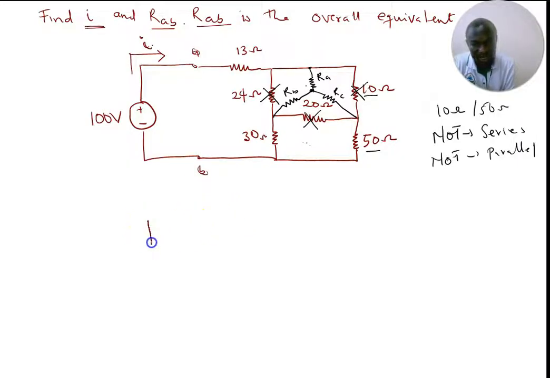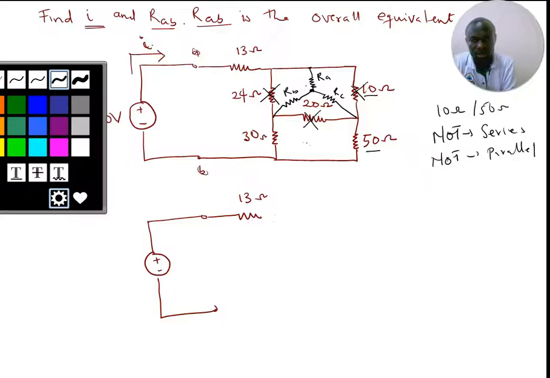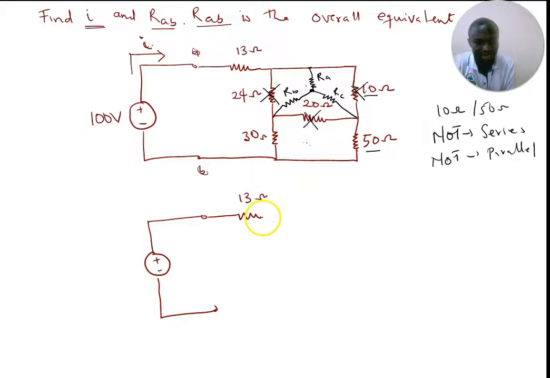I'm going to get plus here, minus, right? The voltage there, and I have my I here. You get it? And I have my resistor 13 ohms. Then I'll get my star connected circuit.